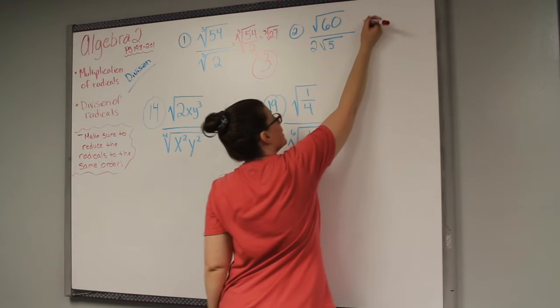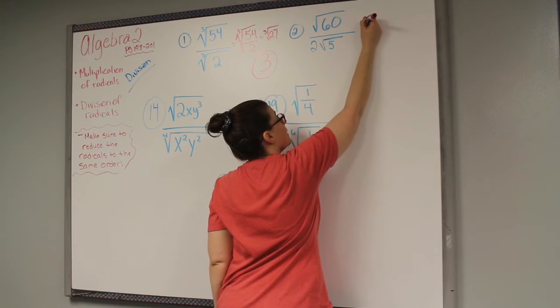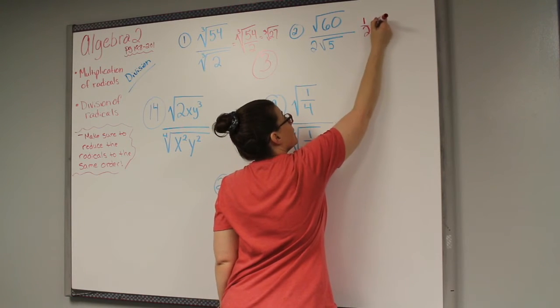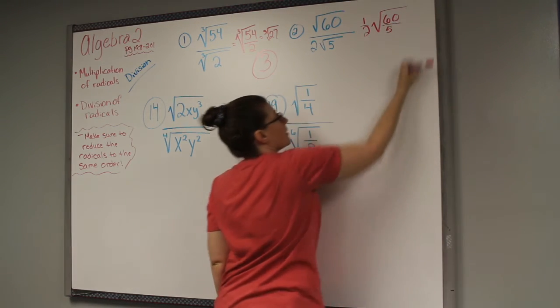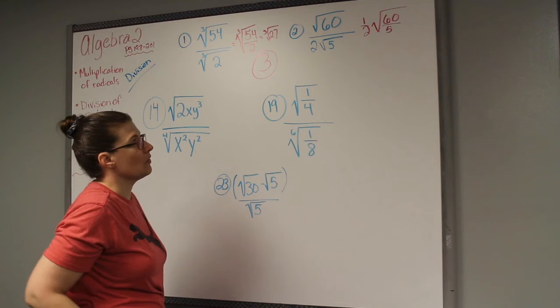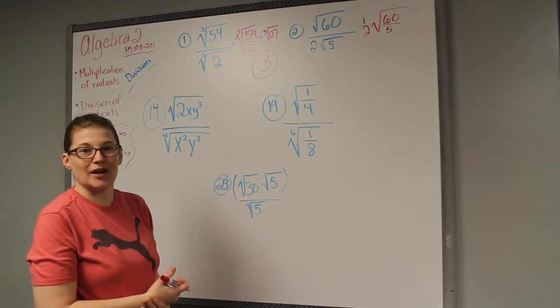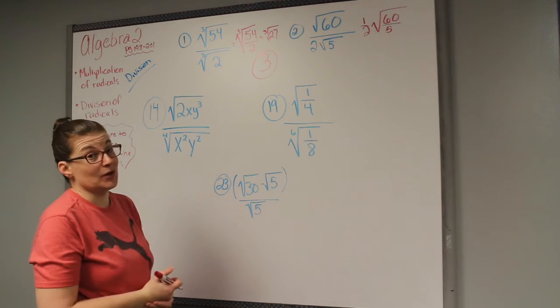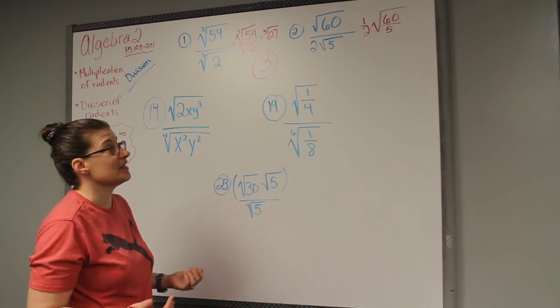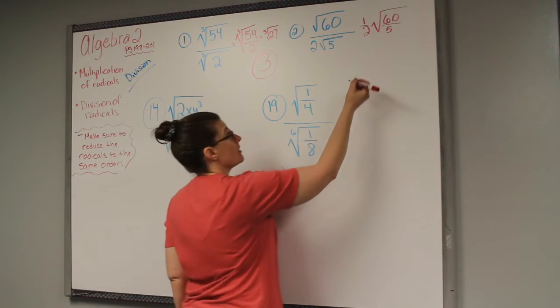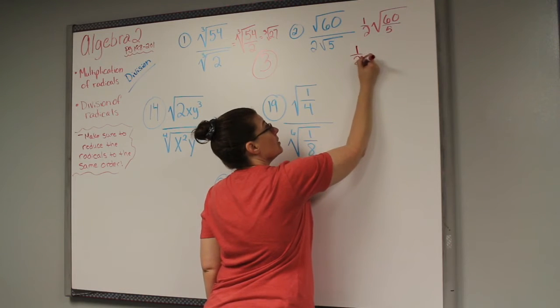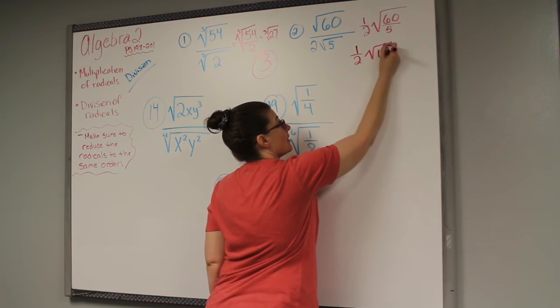So when I write that, it would have to be looking like this. Okay, that 2's still got to stay on the outside, and it's still got to stay in the bottom. All right, so 60 divided by 5 is 12, so this should look like this now.